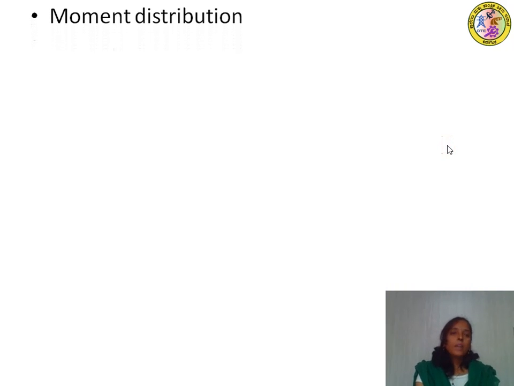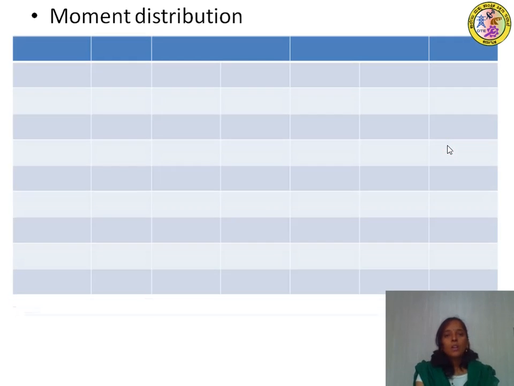The next step is to distribute the moments, that is moment distribution. This distribution is also made in the form of a table. In the first row we have joint. We will be placing all the joints in the structure. We have 4 joints A, B, C and D. In the next row we have member.